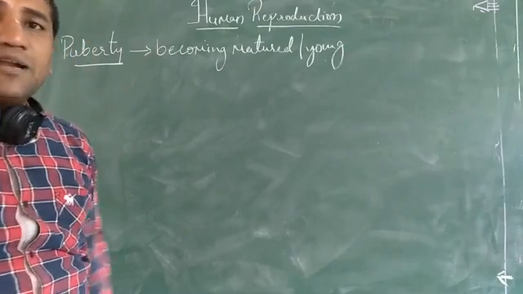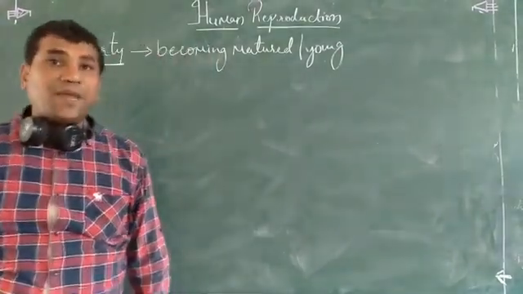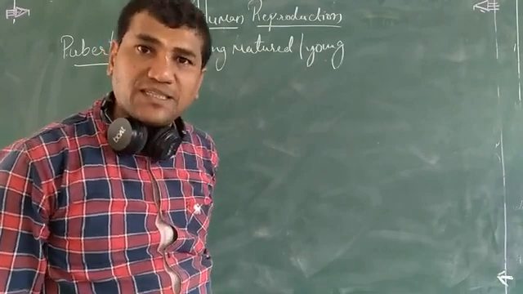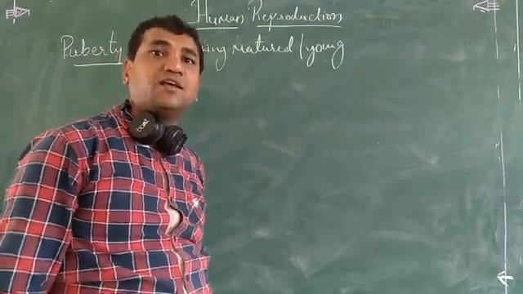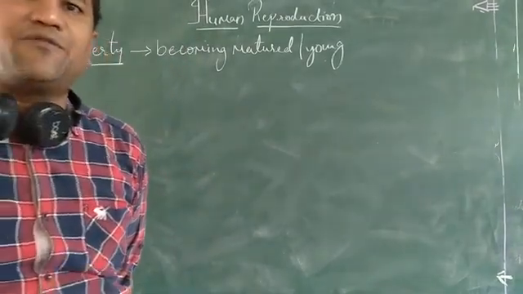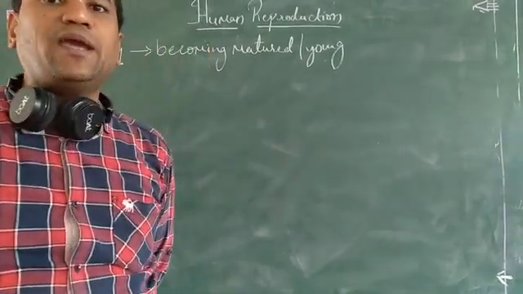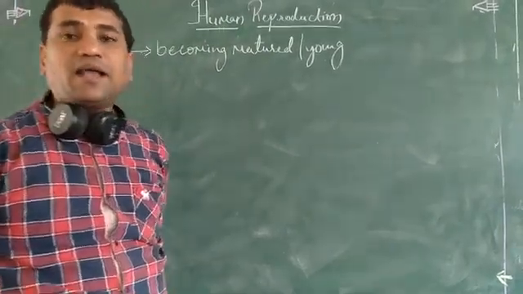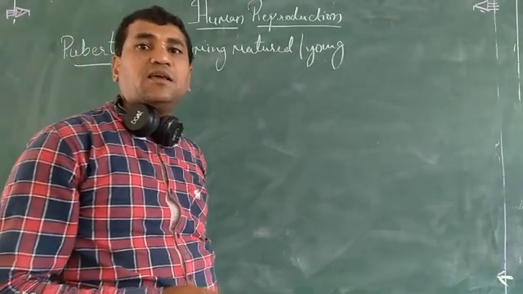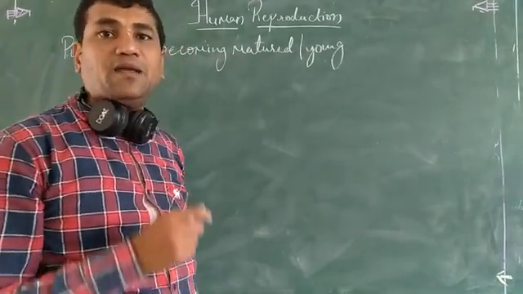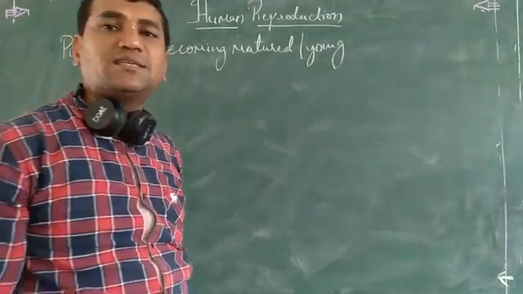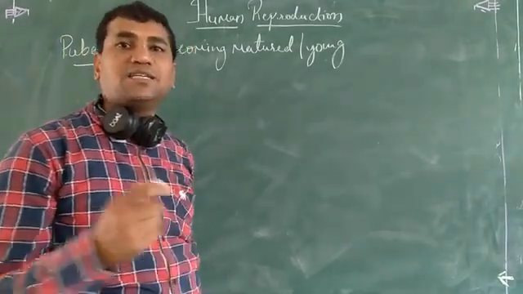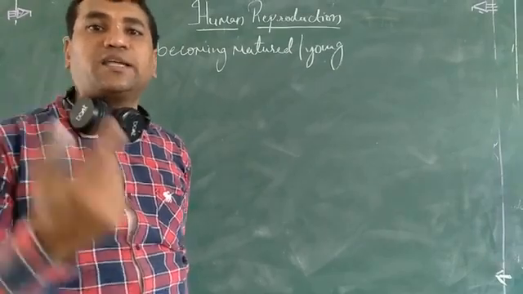That is conversion of a baby voice into a hoarse or low pitched voice or high pitched voice in the male and female respectively, baby to adolescent, is called puberty. Puberty in the males will be approximately between 11 to 13 years, and in the case of females it probably starts at 9 to 13 years.